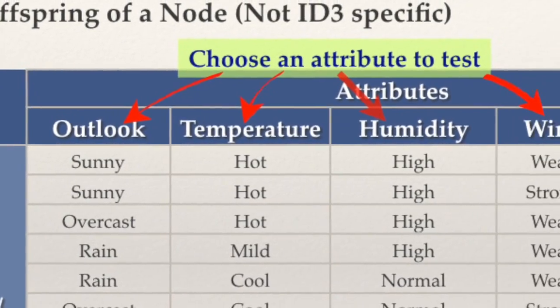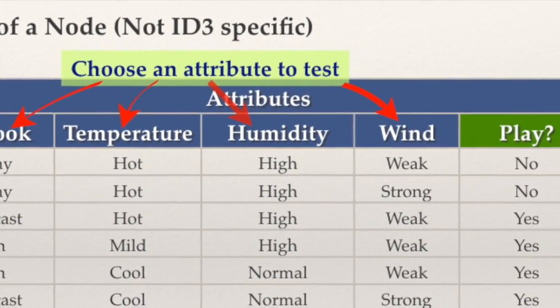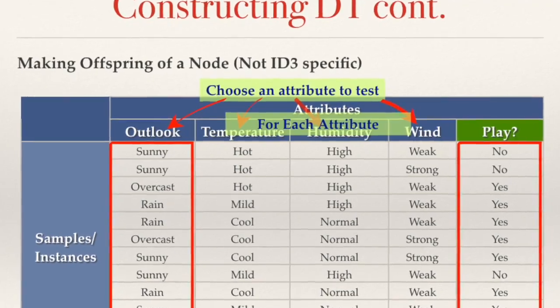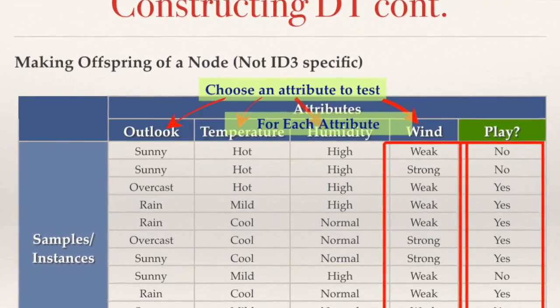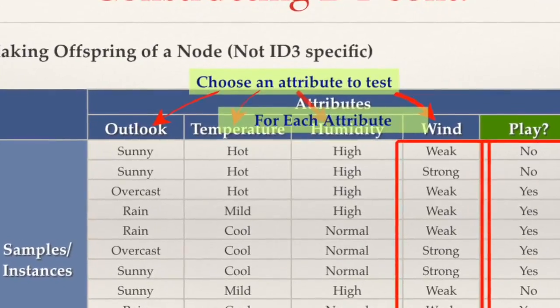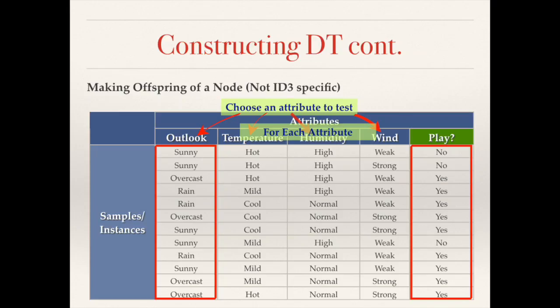So then for each of the attributes, we compare the relationship between these observable attributes, that means an attribute with respect to the weather condition, with the target value, that is whether to play or not.